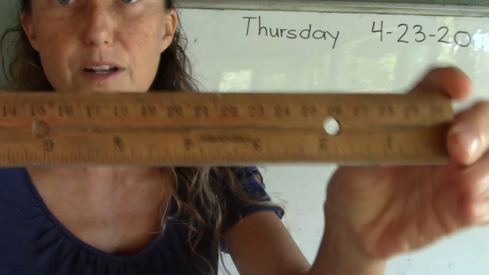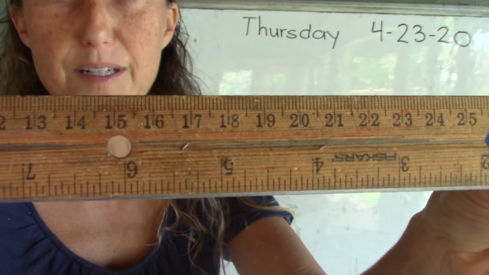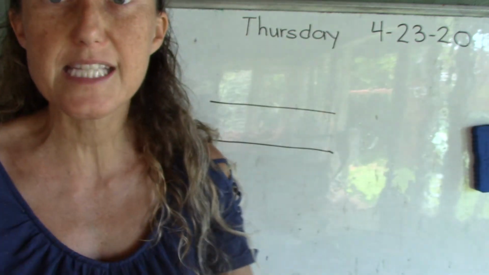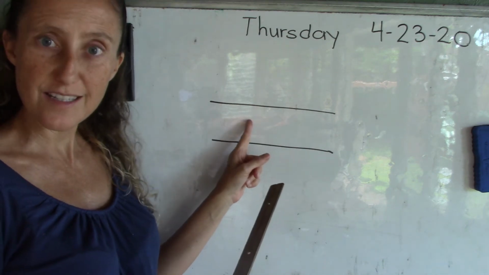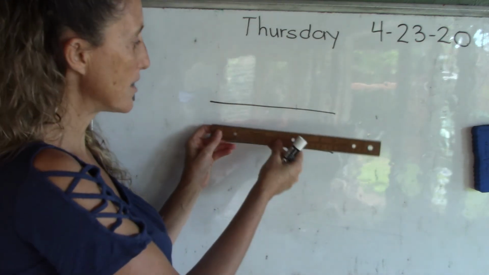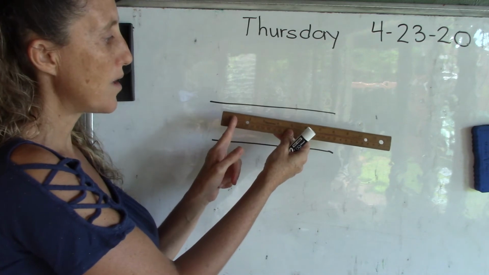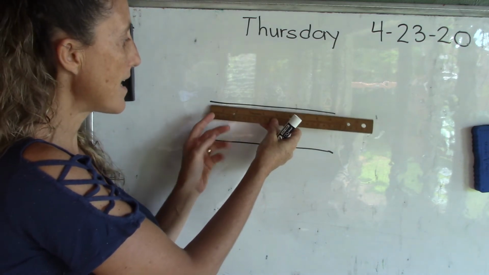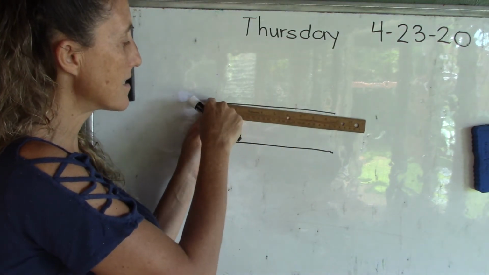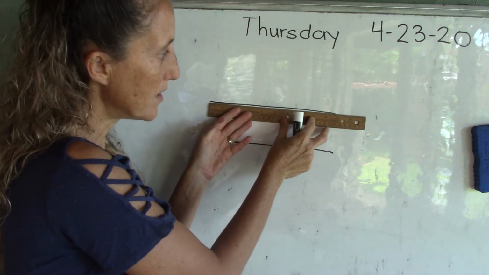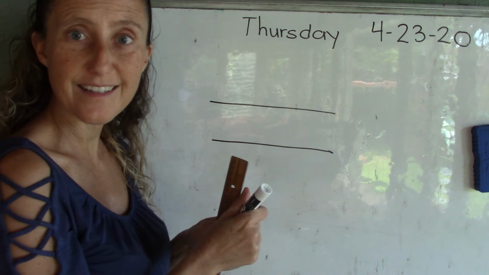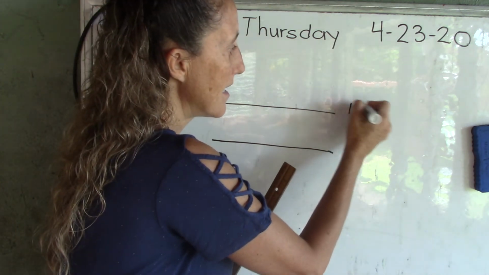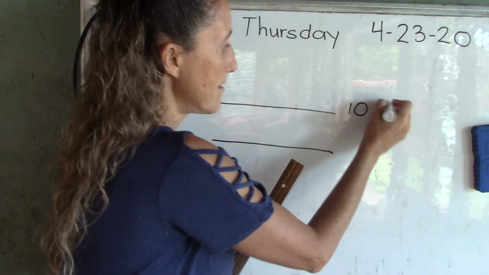And if you flip it over, those smaller numbers closer together are the centimeter side, right? So how many inches would this one be? So remember you put the very edge onto the very end of the line, and then you hold it up, and if you come over here and you see, it would be 10. So this is 10 inches long.